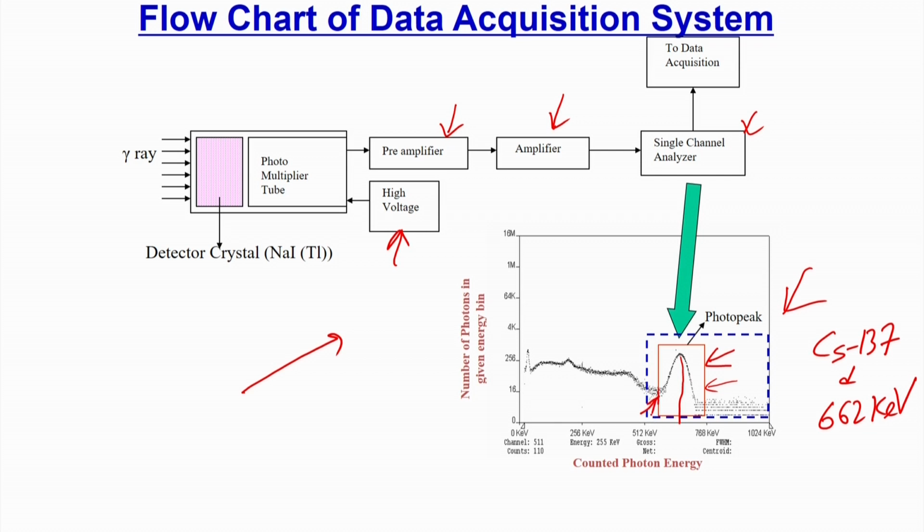It means any energy less than this will be discriminated and not recorded. Any energy higher than this will also not be recorded. So, we record only the photo peak counts, and that is what we call the photon count time series history. That is done by the single channel analyzer or multi-channel analyzer, where we can have multiple channels or energy channels.